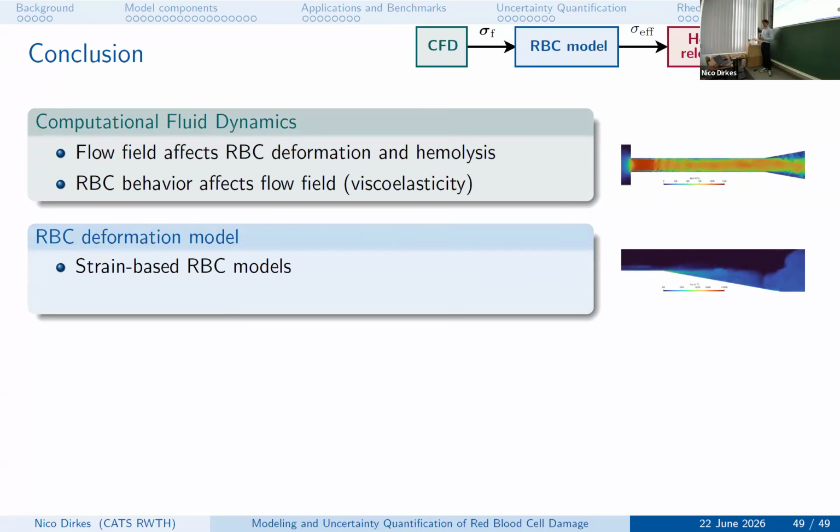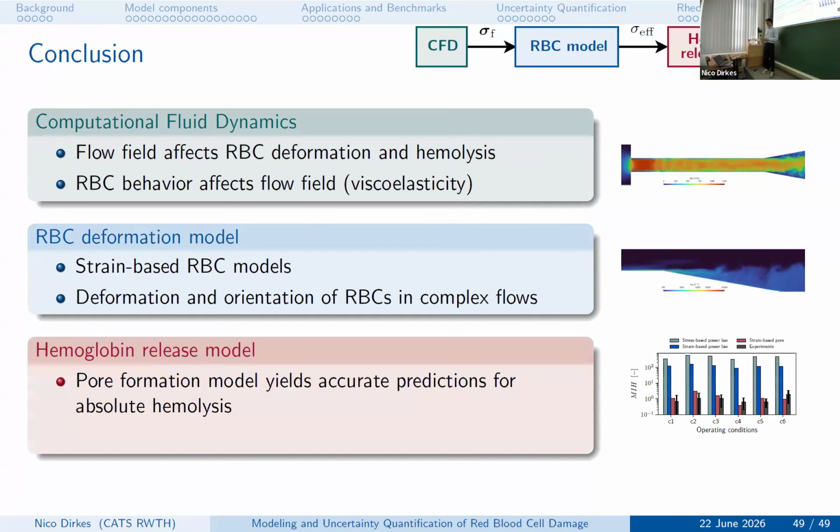And then I showed you different choices for this red blood cell deformation model, in particular strain-based models, where we actually try to model the behavior of the red blood cells and the area strain of the cell. And we try to model orientation as well for complex cases where the shear stress and the extensional stress are not the same.